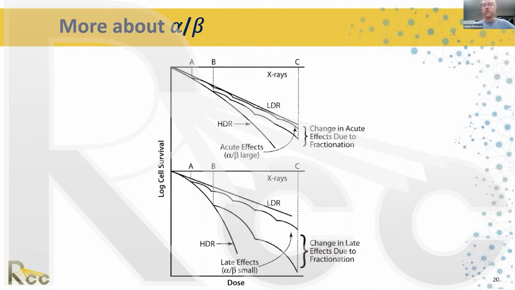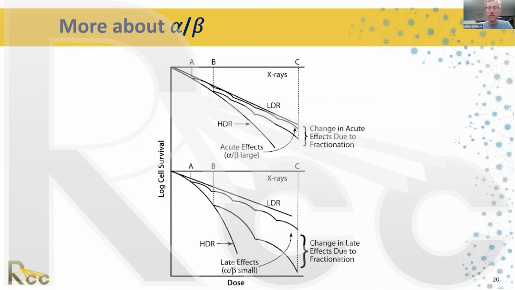Yep, sure. So those tissues have acute effects or large alpha beta, similar to tumor cells, because they're rapidly dividing, they're constantly dividing and renewing themselves. And so that's why, for example, you would see in pelvic patients for external beam, you'd have acute effects to the GI system because of this large alpha beta ratio of some of those cells that line the GI tract.